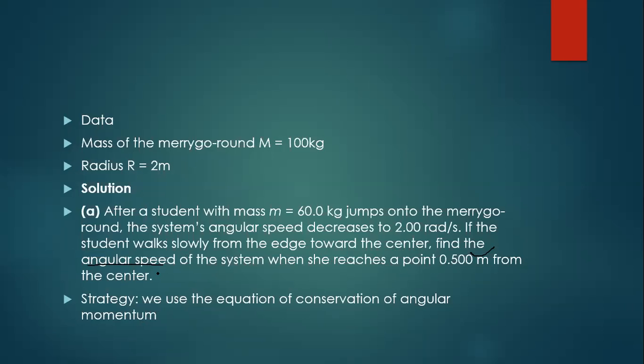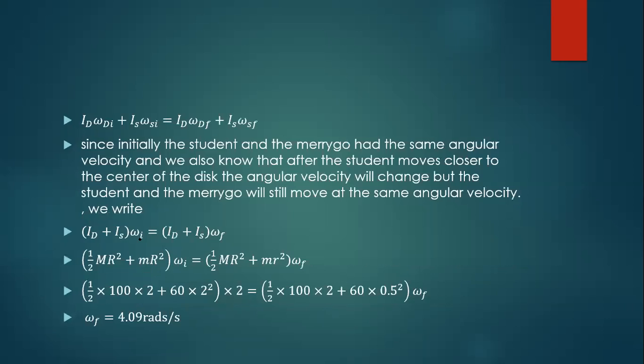How are we going to apply it? We use this equation. We have the moment of inertia of the disk, which is the merry-go-round. They have told us that it is like a disk.